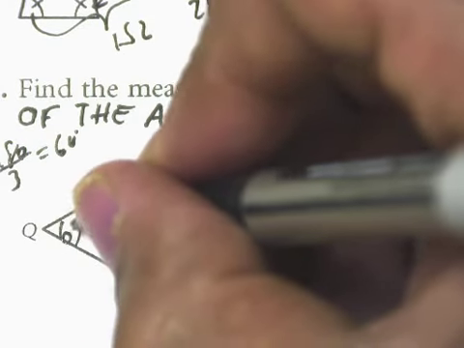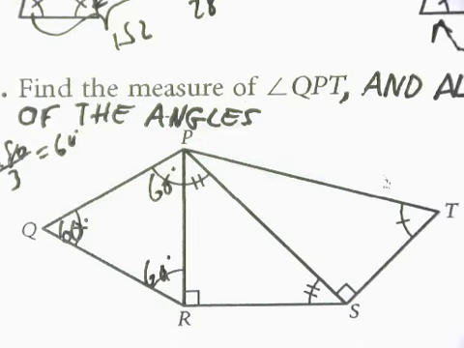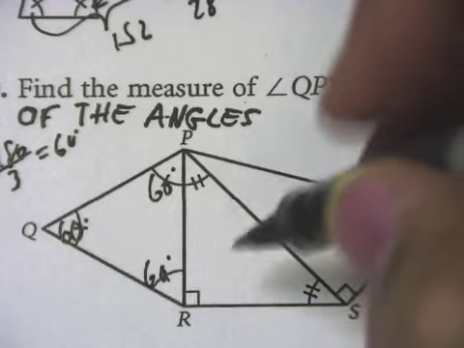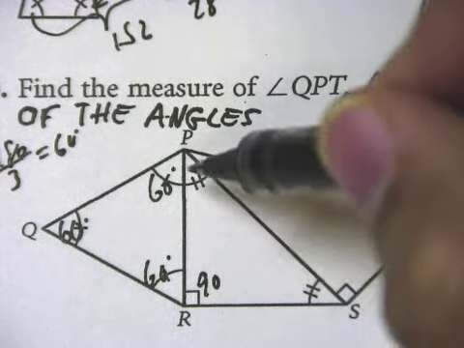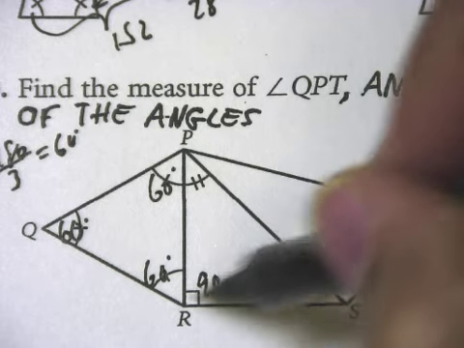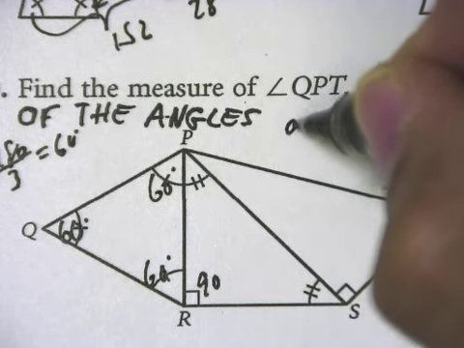And the last question, number 10. They wanted to find the measure of angle QPT and to fill in all the angles here. Well, here I have an equilateral triangle, which means that all the sides are equal and all the angles are equal. So 180 divided by 3 is 60 degrees. So I know that this is 60 degrees, this is 60 degrees, and this is 60 degrees.